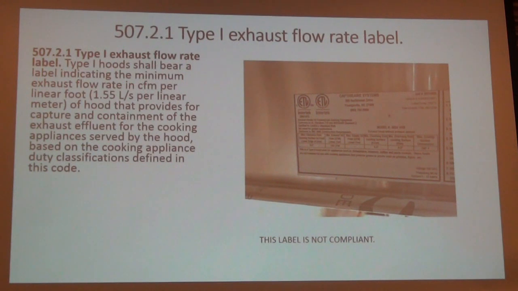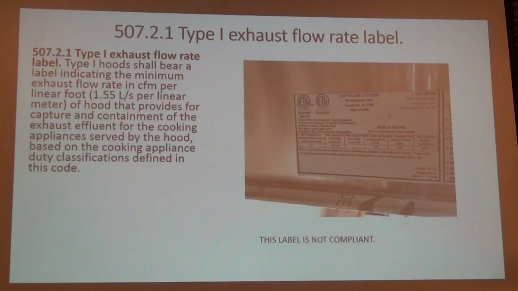I have to know what duty appliance I'm dealing with. So what we did was I put in the code that the hood shall bear a label with a minimum exhaust flow rate, CFM per linear foot of the hood, that provides capture and containment of cooking effluent, and it should be based on the cooking appliance duty classification defined in this code.